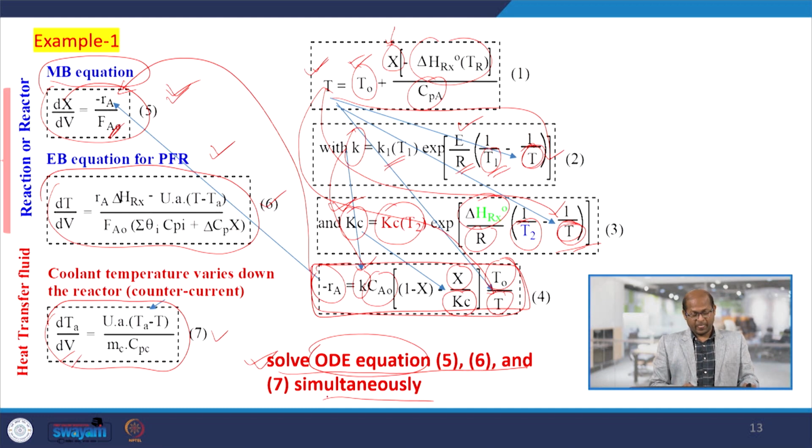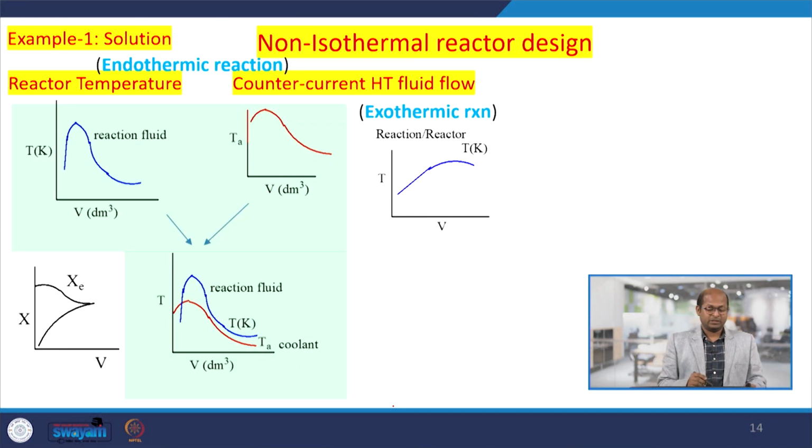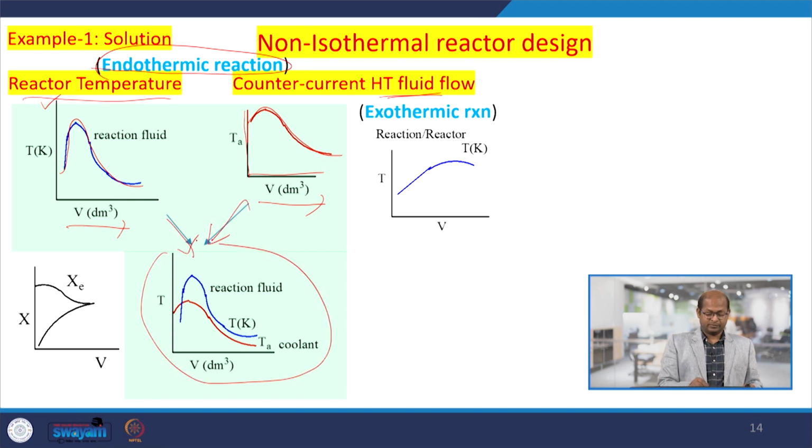Once we solve, for the endothermic reaction we have taken, if we plot the reactor temperatures, the reacting fluid temperature and the heat transfer fluid temperature would vary like this along the length or volume of the reactor. If we plot both in the same diagram, this is the coolant or heat transfer fluid temperature profile along the length or volume, and this is the reacting fluid temperature.